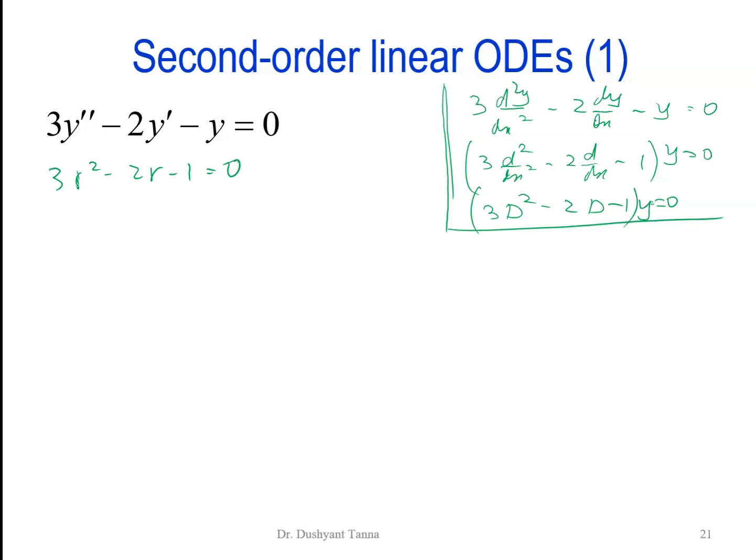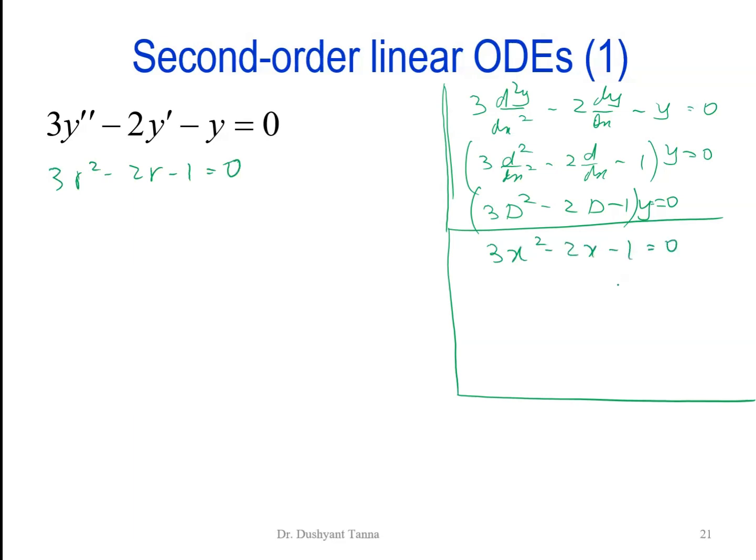Now from here, if you have forgotten how to factorize a quadratic, then it's time to refresh it. I mean, you can always go for the quadratic formula approach, minus b plus or minus square root of b squared minus 4ac over 2a, or how would you factorize 3x squared minus 2x minus 1?